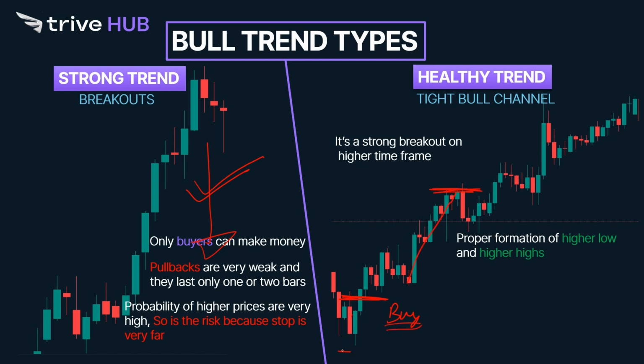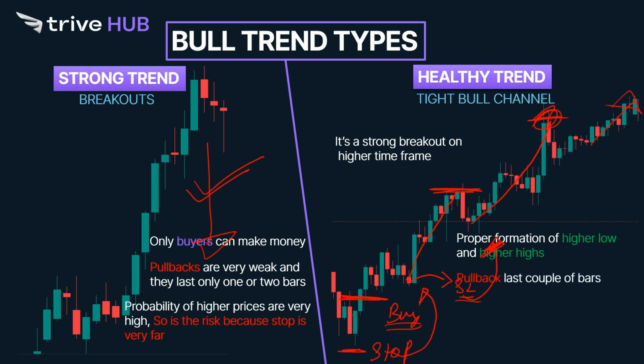Your initial stop loss was this, but you can easily move it once you find the swing low formed here, right? Then again the market has moved up, and you can easily move your trailing stop loss to this level. So it is reducing the risk along the way and helping you ride this bullish trend till its end, right?